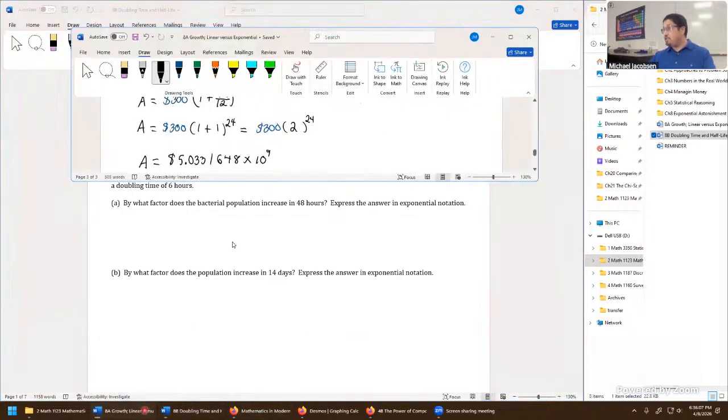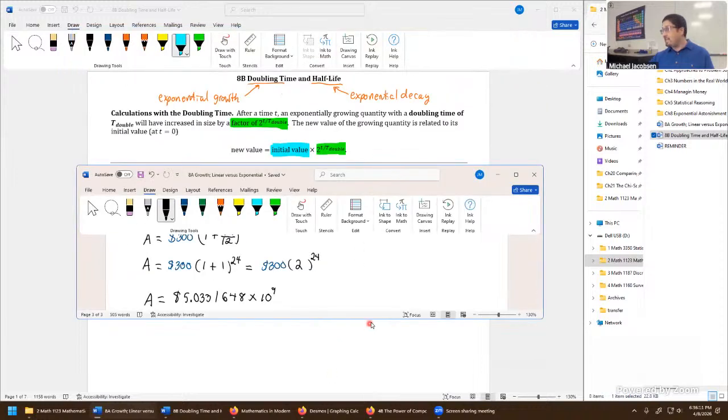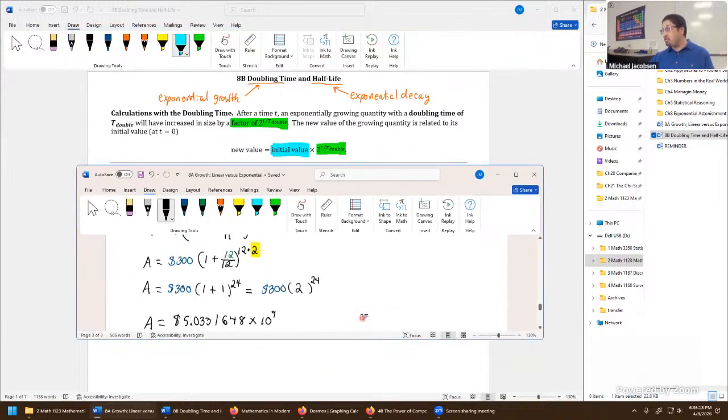In fact, we've essentially used this formula, not in a direct way, but in an indirect way. This is exactly what was going on. The initial value in our prior problem was the $300. This had a doubling time of 1 month. So right over here, the factor is going to be 2 to the power of 24 months, for 2 years, divided by the doubling time, which was just 1 month.